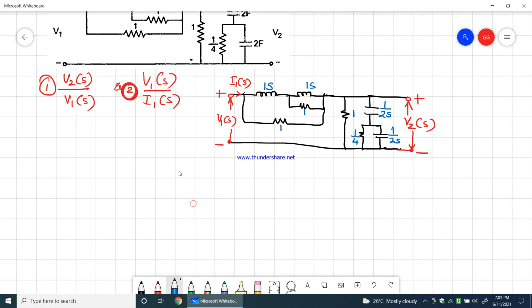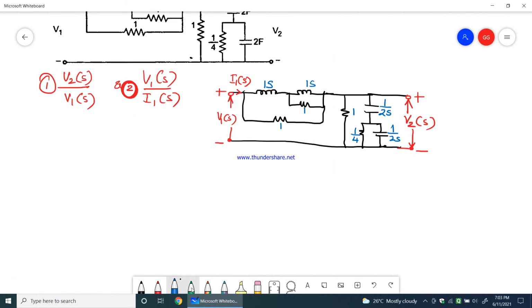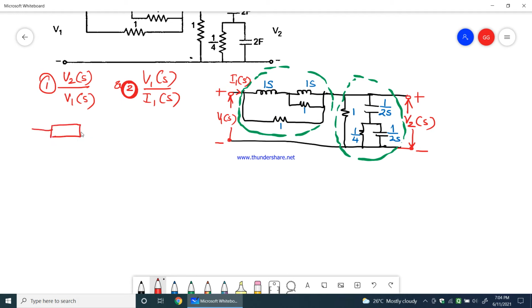Now if you carefully see here, you do have two different impedances here. This is one. This can be one set of impedance I can take by considering all parallel series combinations. This can be another set of impedance I can take. Therefore I'll calculate what it is. So finally I'll be writing a circuit which will have one impedance here, one impedance here.